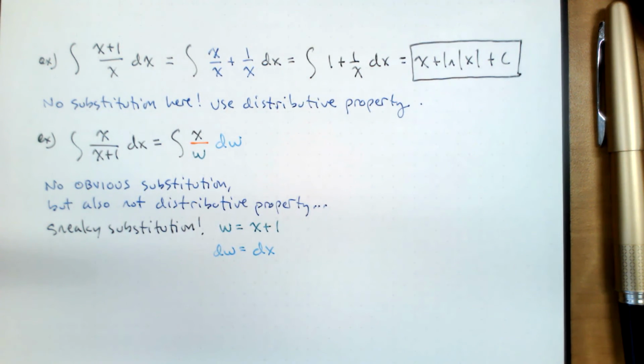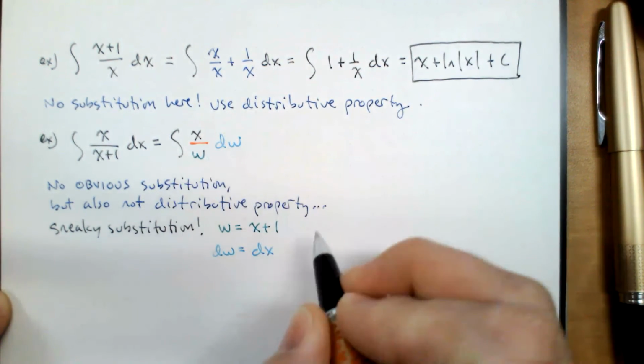That's a dw integral, and that stupid x is still sitting there. We've got to do something about this other x. Fortunately for our heroes, we've made such a simple substitution. W is equal to x plus 1, and I can turn this around and solve for x. I've got to do this quickly because this is really offensive.